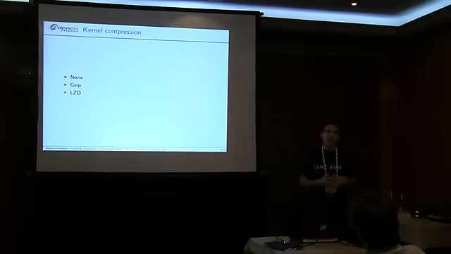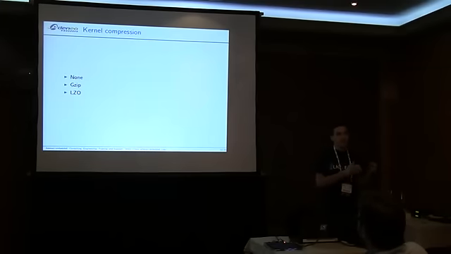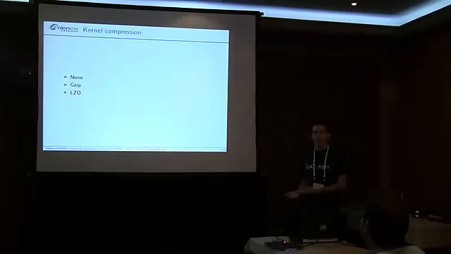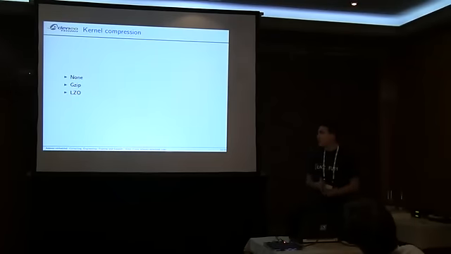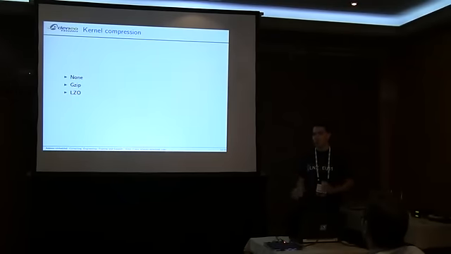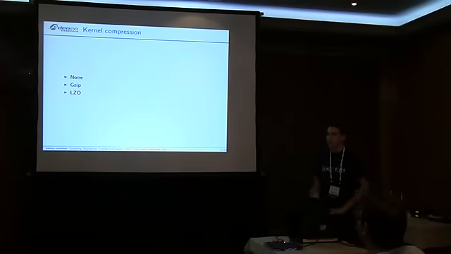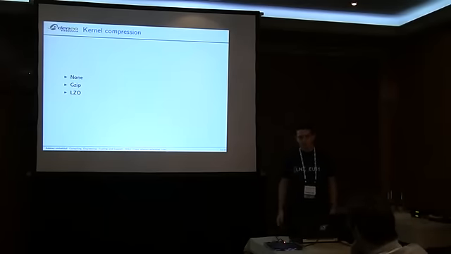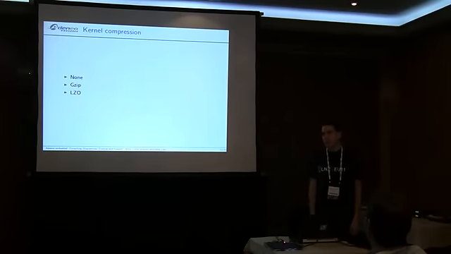With LZO, it will get smaller, so you will take less time to copy it from storage to RAM, but then you will have to decompress it. So it really depends on the horsepower of your CPU. On the i.MX6, it was almost the same, just a matter of 1 millisecond or so. So we said, okay, we don't compress the kernel, we have plenty of space on the storage, and it's fine.